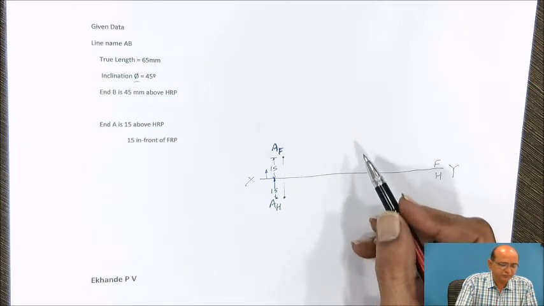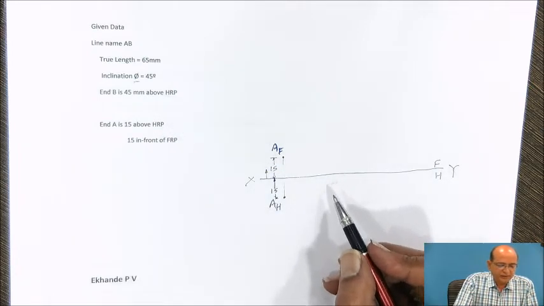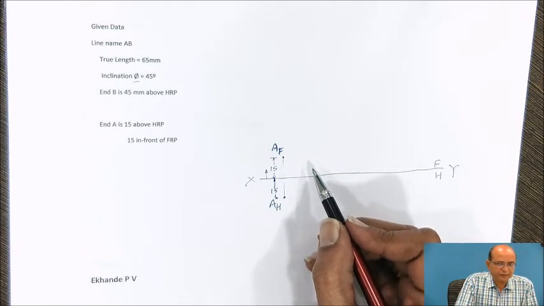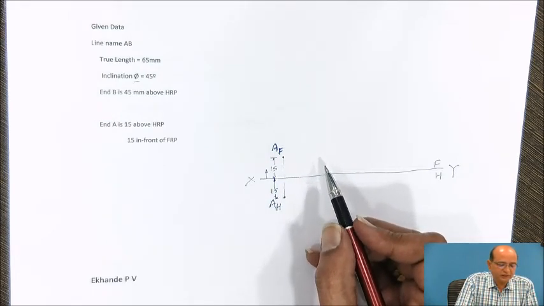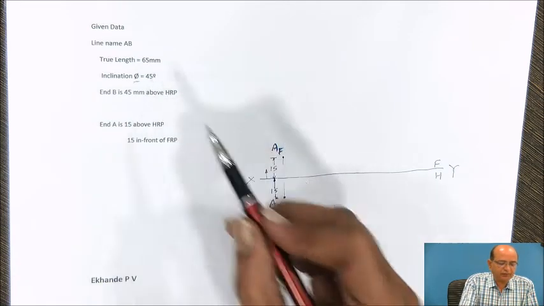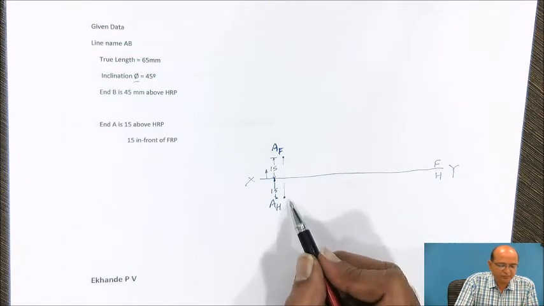Now here the point A, with respect to that, first we have to complete the horizontal line for completing the angle 45 degrees with FRP from AH.